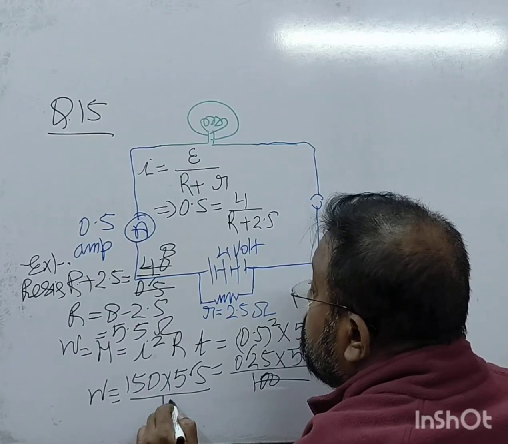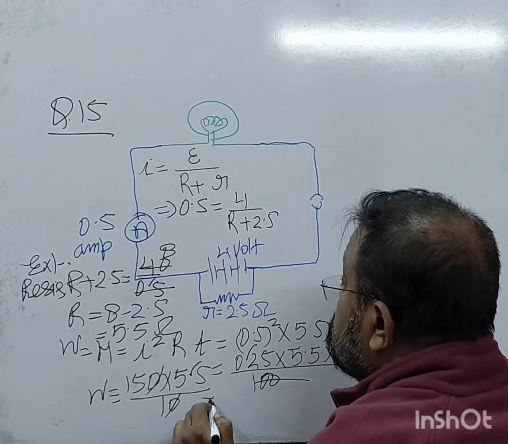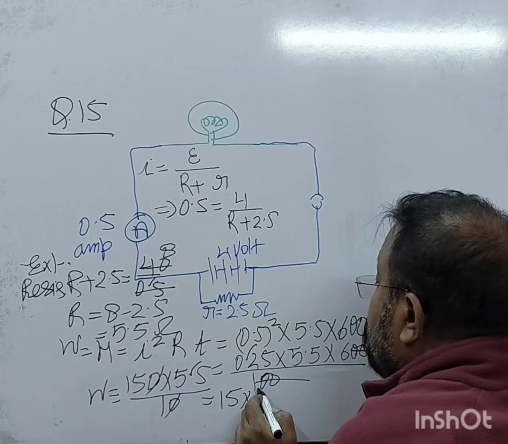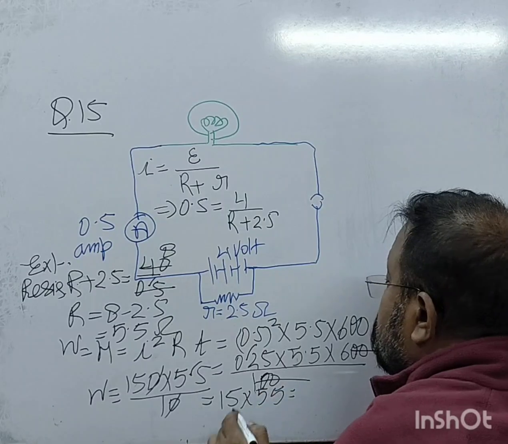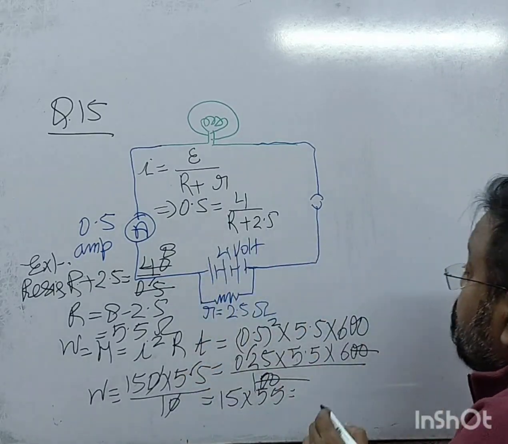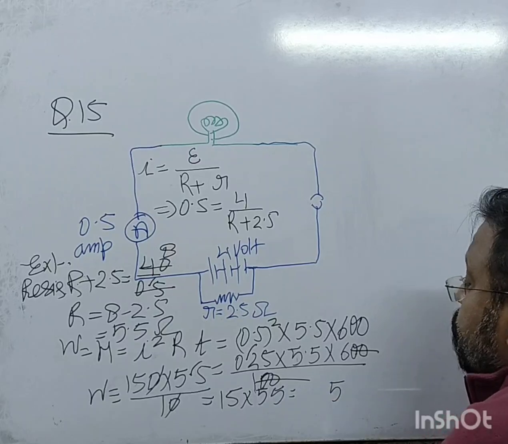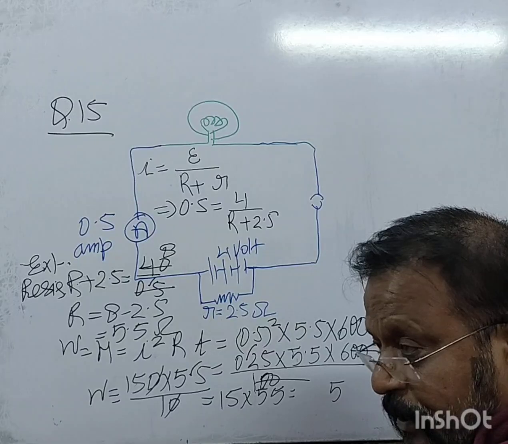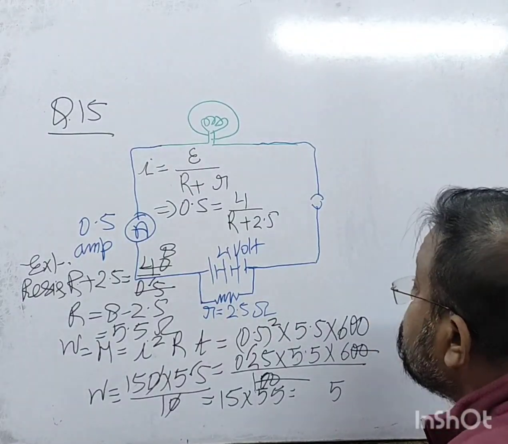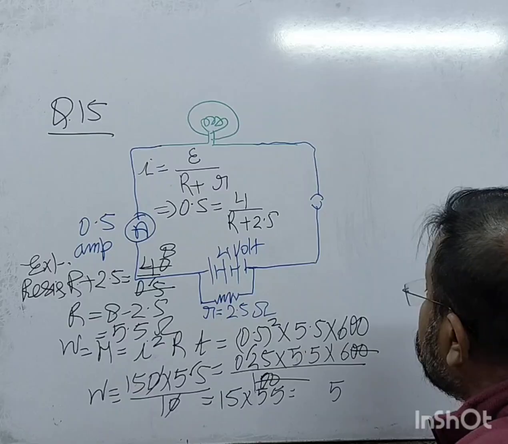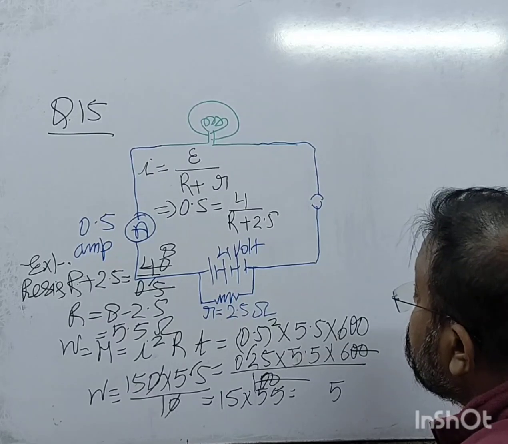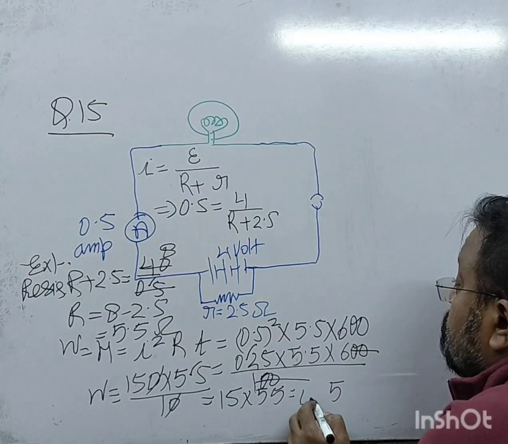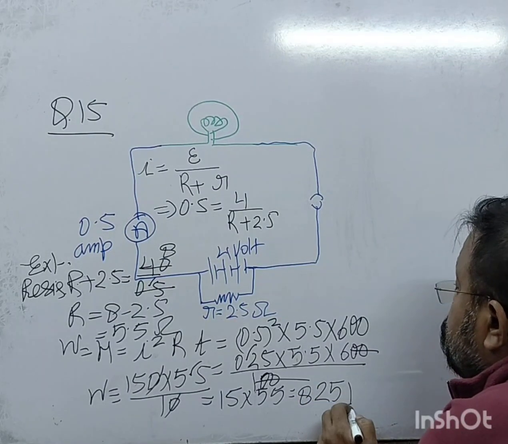Decimal removed, so 15 into 55. 5 times 15 becomes 75, then 5 times 7 is 35, plus 7 gives 82. So we get 825 joule.